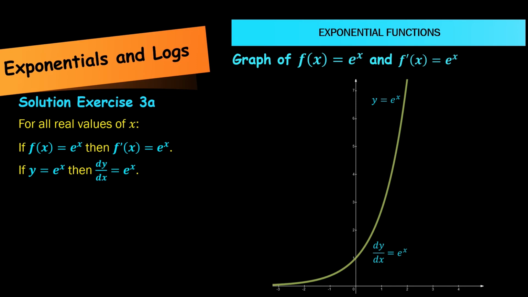Also, when x equals 0, we have y equals 1. As x tends to infinity, y tends to infinity. And as x tends to minus infinity, y tends to 0.